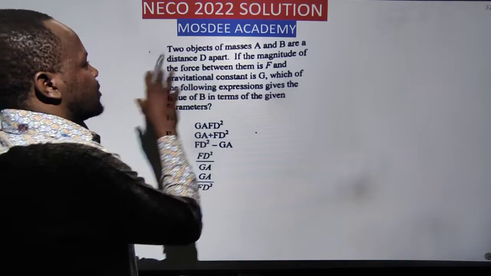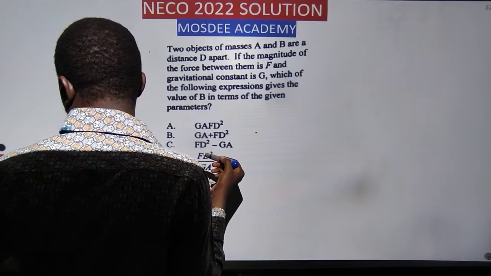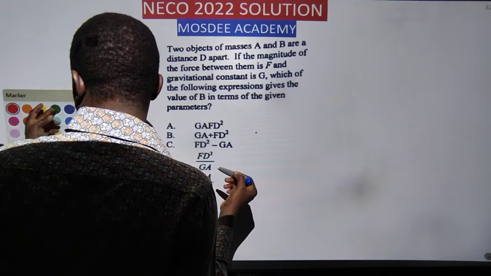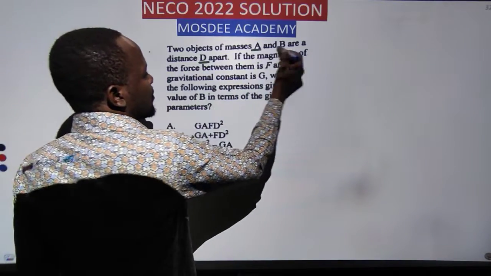Now, two objects of masses A and B are at distance D apart, following the inverse square law.